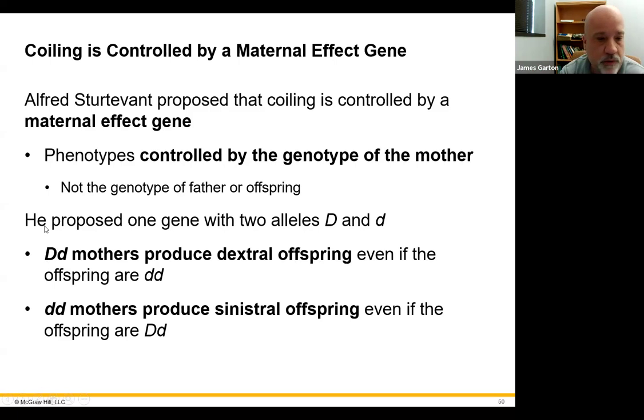If the mother is a heterozygote, all the next generation will have the dextral twist. If the mother is homozygous for the sinistral, all the next generation will have that sinistral twist no matter what their genotype.